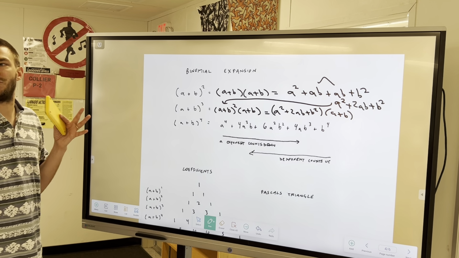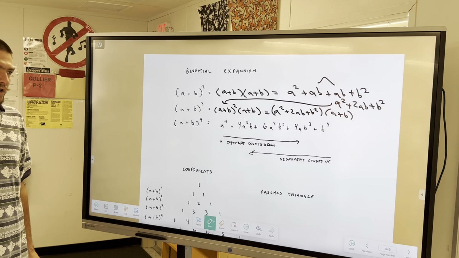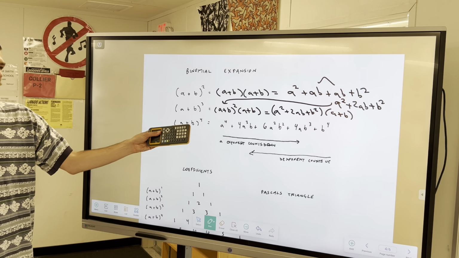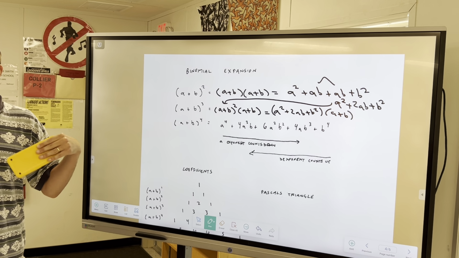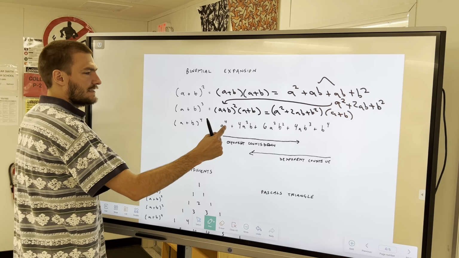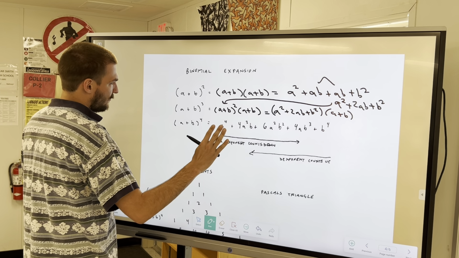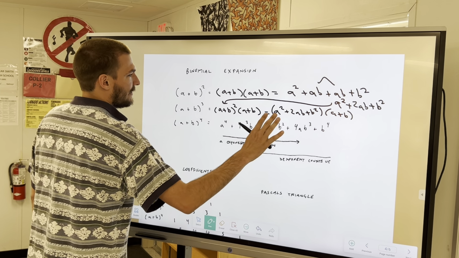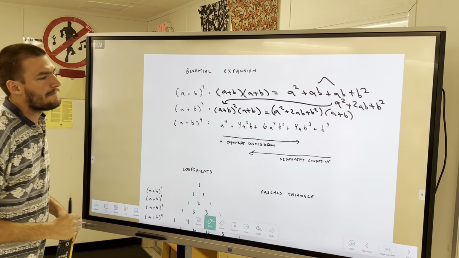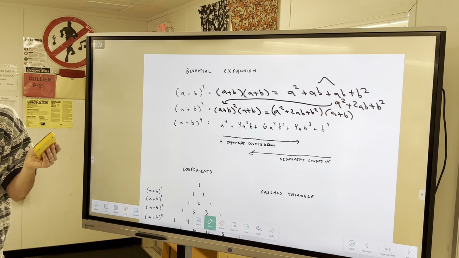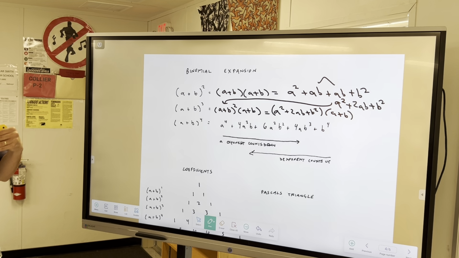And so there should always be 4 total variables in the power 4 expansion. 4 a's, 3 a's and 1 b, that makes 4, 2 and 2, that makes 4, 1 and 3, that makes 4, and 4 b's, that makes 4. That's just the pattern that we're starting to recognize, so let's see if we can find some more patterns.